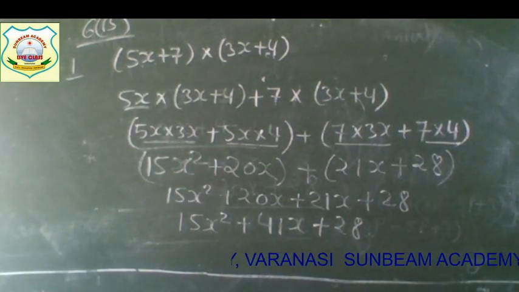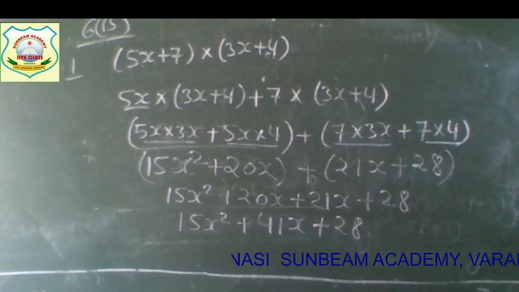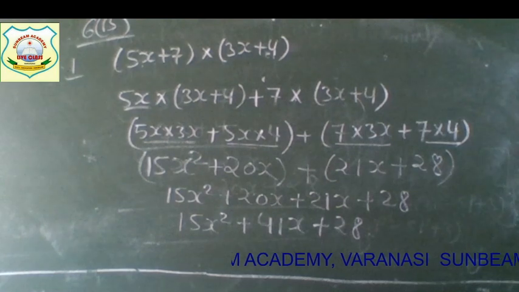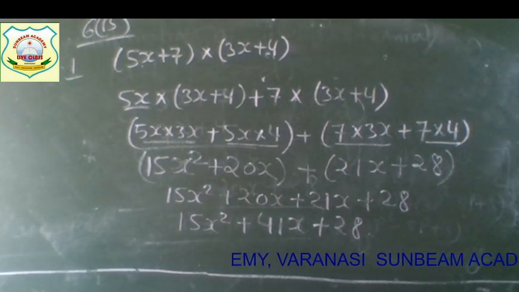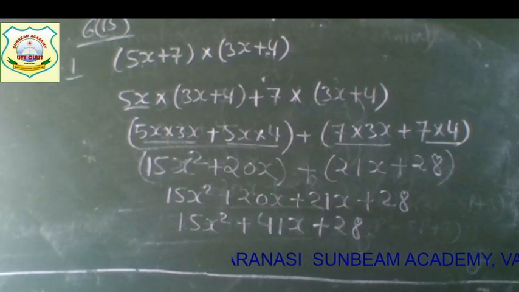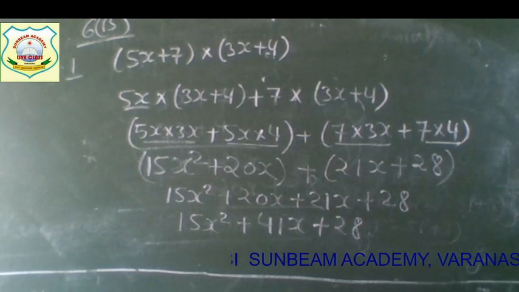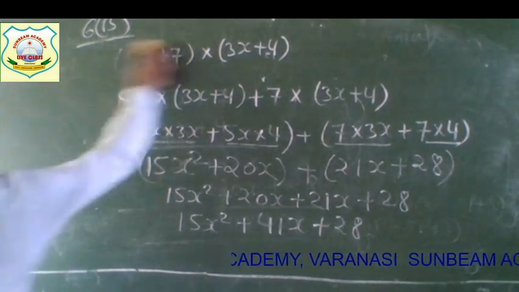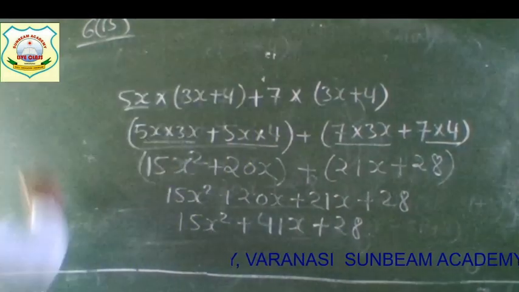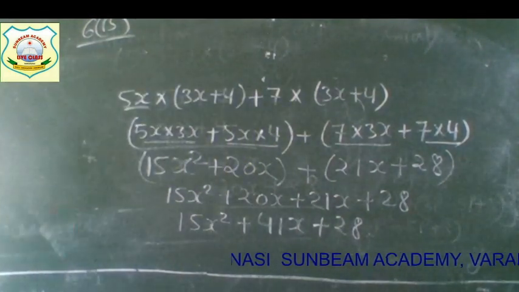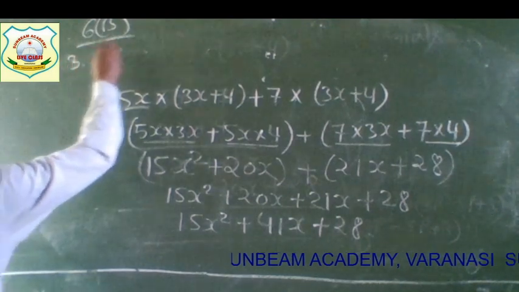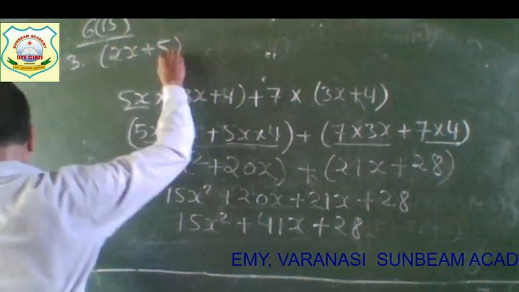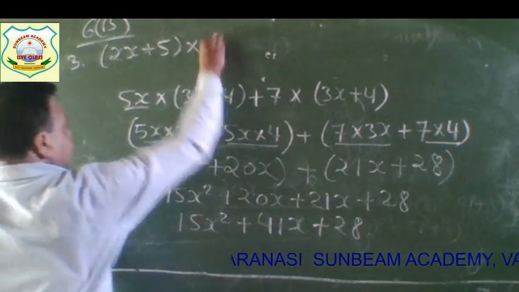Now we will discuss the question number 3. Okay students, hope everyone is done? Yes, done. Question number 3 is given: 2x plus 5 multiply 4x minus 3.